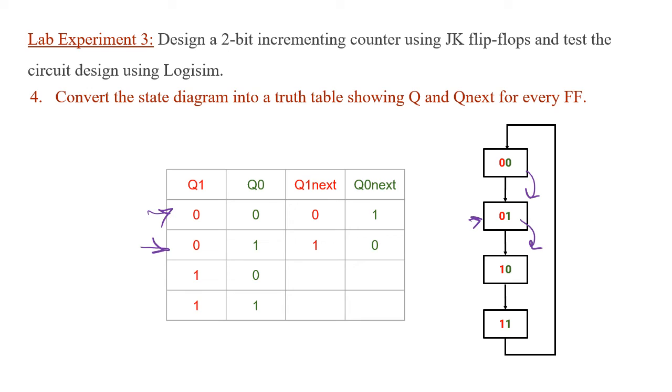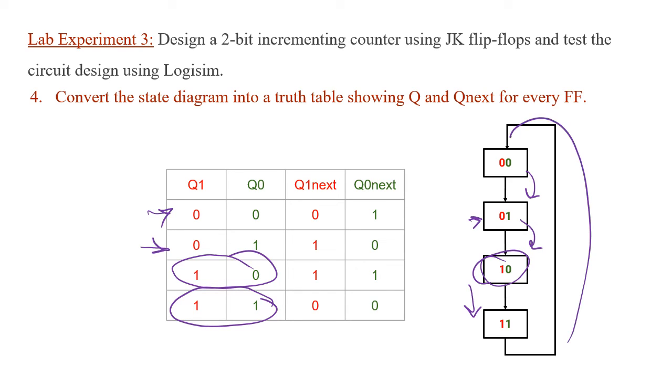Thirdly, if the current state is 1, 0, then the next state is going to be 1, 1. Finally, if the current state is 1, 1, then the next state is going to be 0, 0 again.